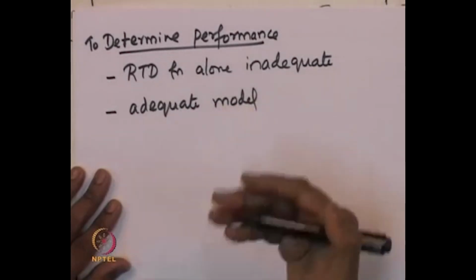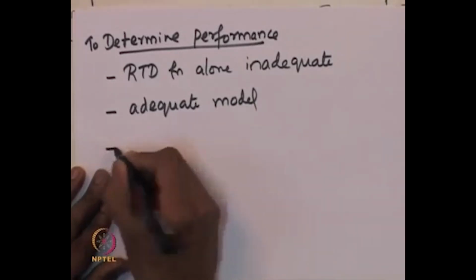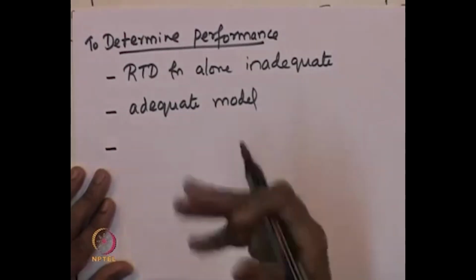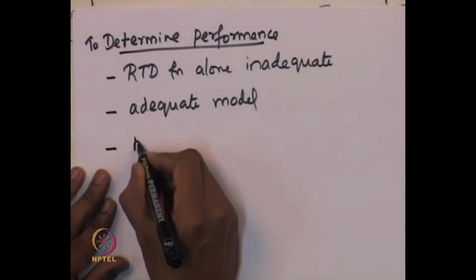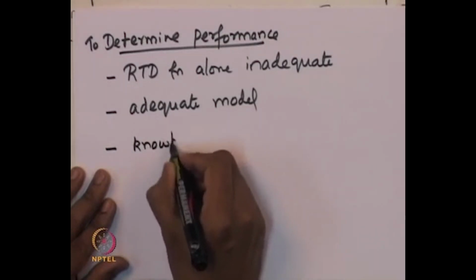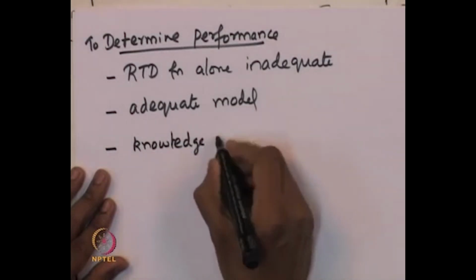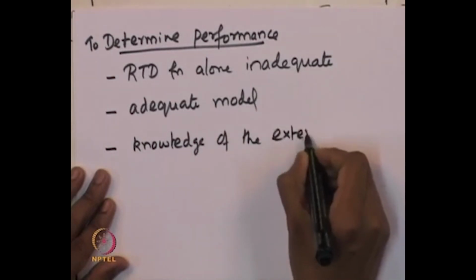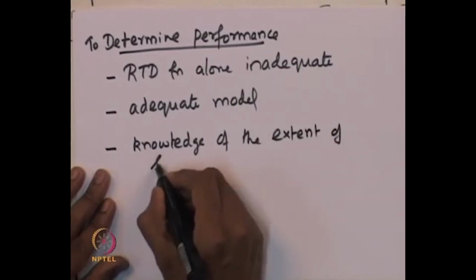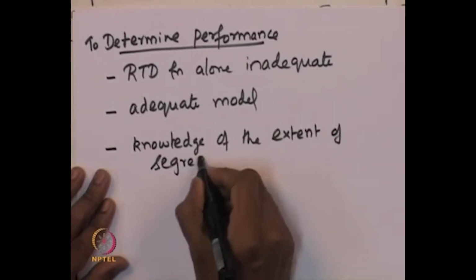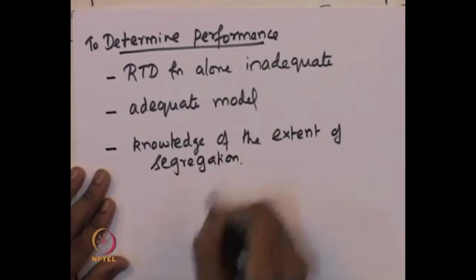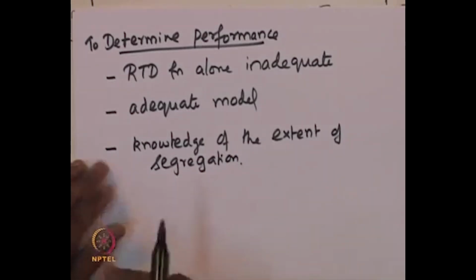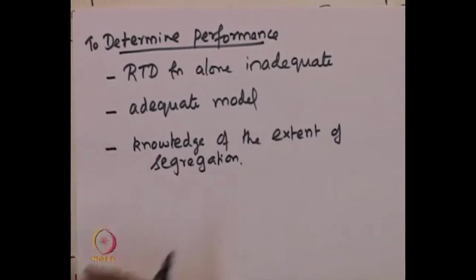One needs to know the adequate model, and in addition to that, more importantly, even if the model is known, the knowledge of the extent of segregation needs to be known, which means the degree of mixing of the fluid elements inside the reactor.